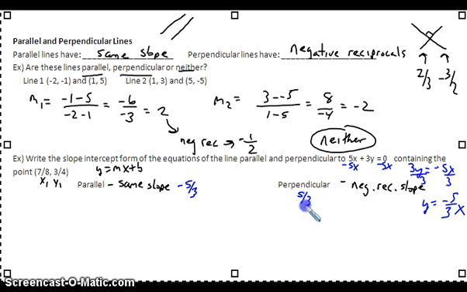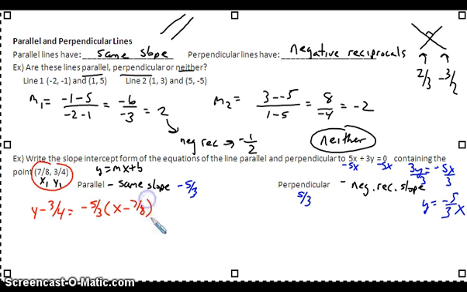So let's use those numbers in our equation now. What I'm going to do is plug into point slope form these two x and y values and my slope of negative 5/3. So y minus 3/4 equals negative 5/3 times x minus 7/8.